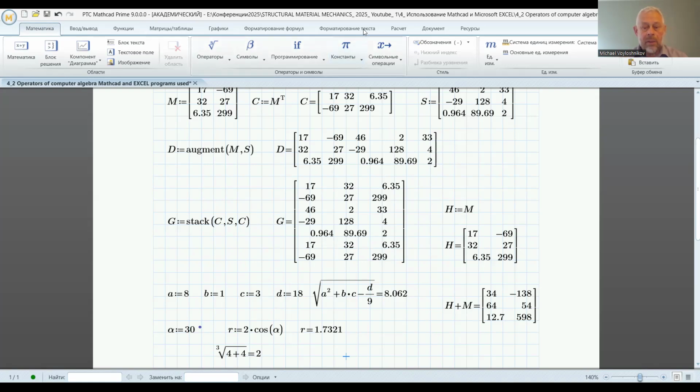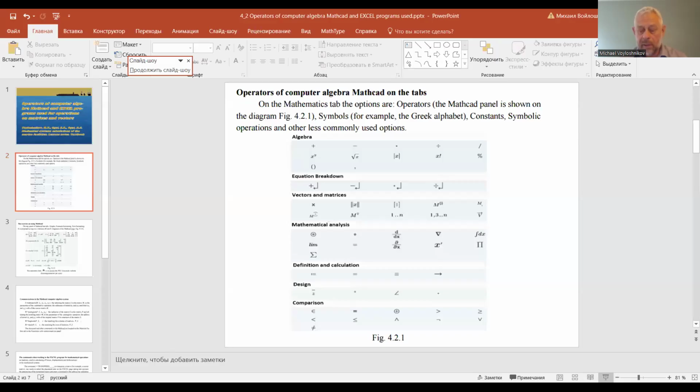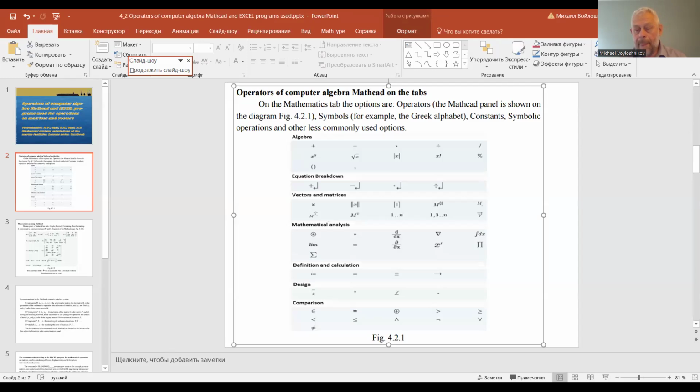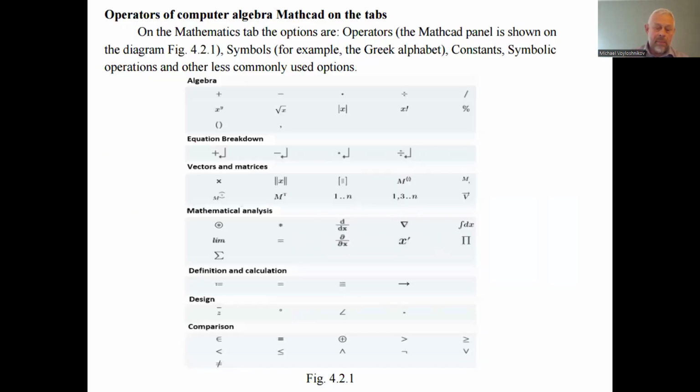Okay, so let's come again to the presentation of our lesson. This is again the panel of operators of the computer algebra system Mathcad.